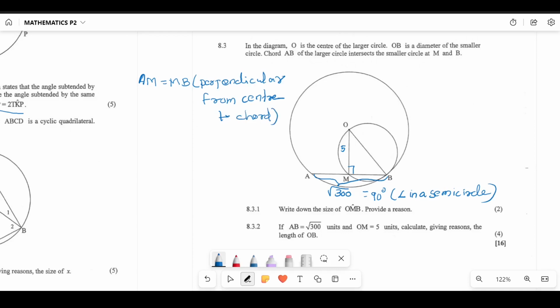Perpendicular line from center to chord bisects the chord. So that is the reason why AM equal to MB. That means MB is equal to half of square root of 300.